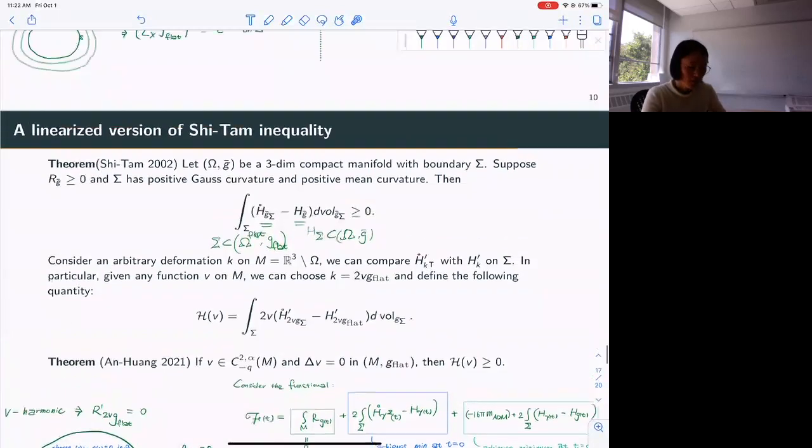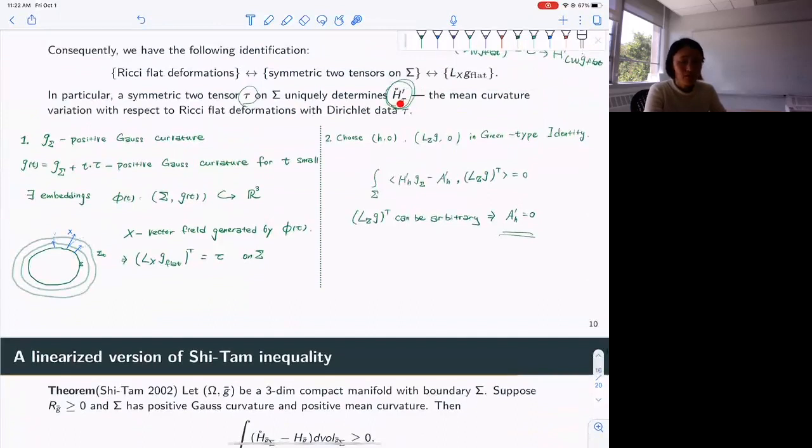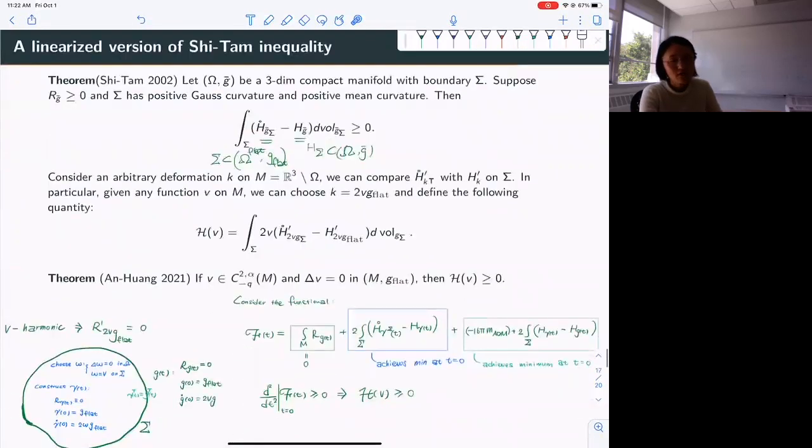Based on this previous observation, we want to define a linearized version of this inequality.